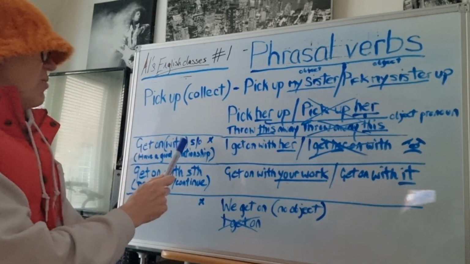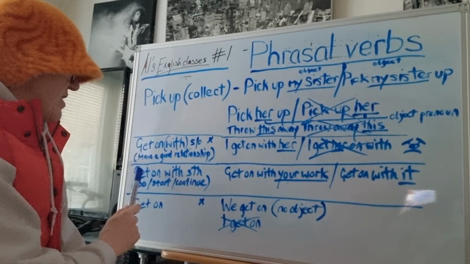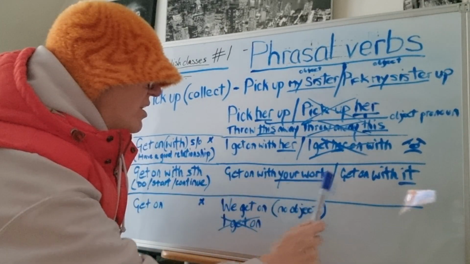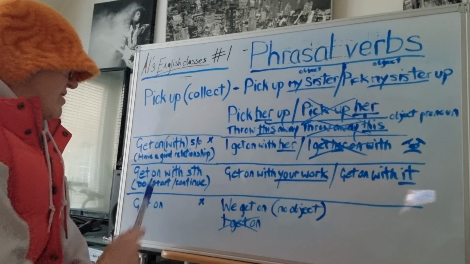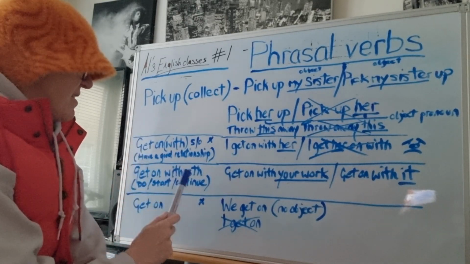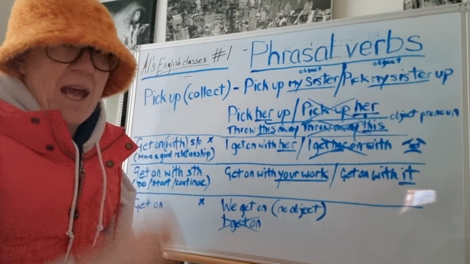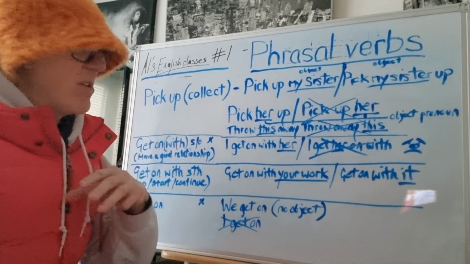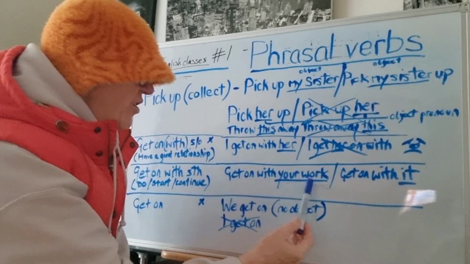Now, get on with, just for the record, also means do, start, or continue. Get on with your work, get on with it. Different meaning to this one, but the same phrasal verb. For example, imagine you're in class or wherever, and there's a distraction outside, and everyone's looking out the window, and the teacher says, come on, get on with your work.